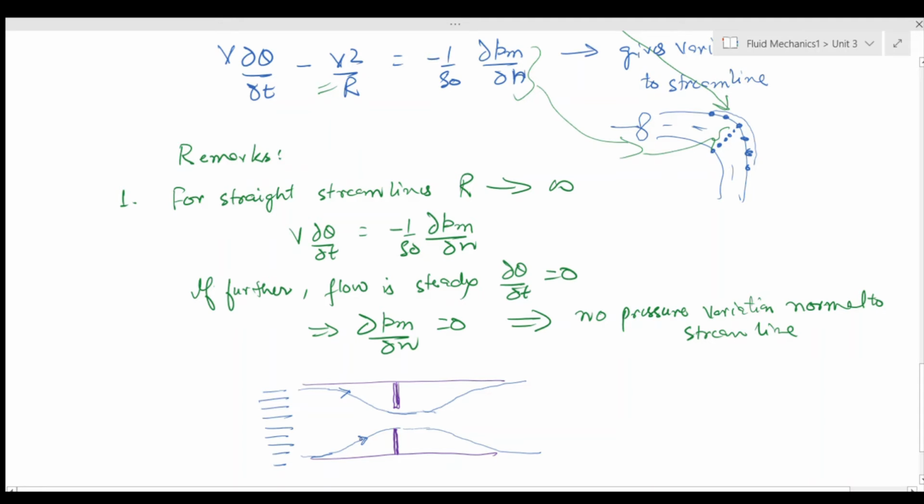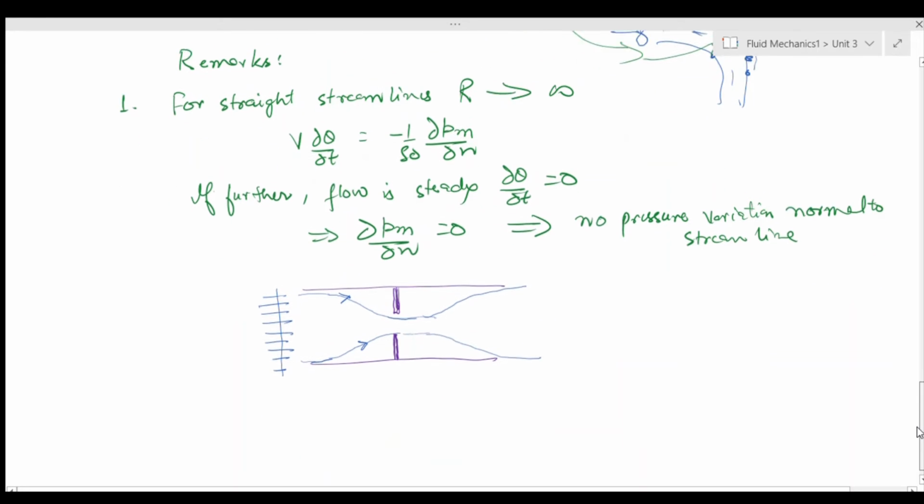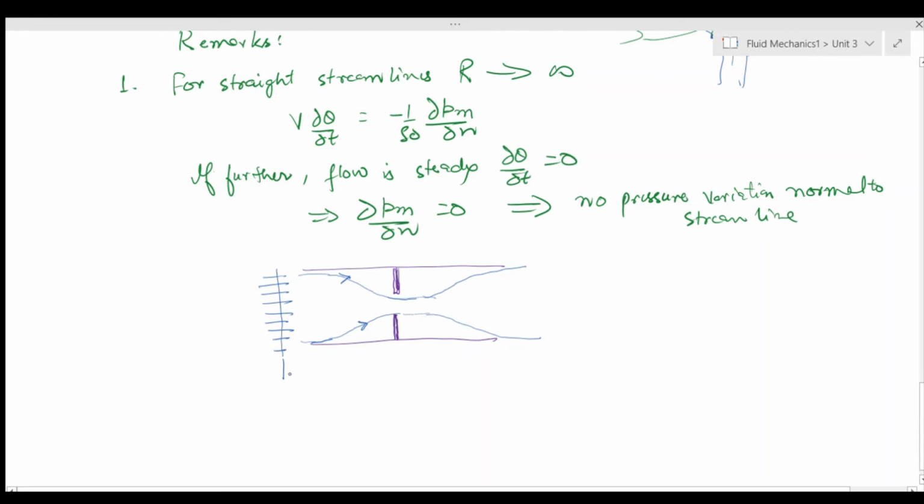One streamline, another streamline. So I am saying here at this particular location, okay, I would say that del Pm by del N is equal to 0. Again here, when they become parallel, again del Pm by del N is 0. Since the streamlines are parallel, so pressure would be uniform, and that is another concept which is used in wind tunnel, designing wind tunnel.